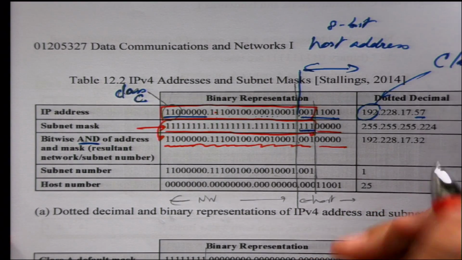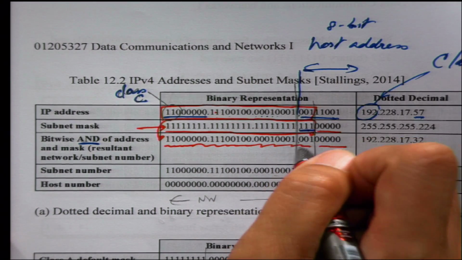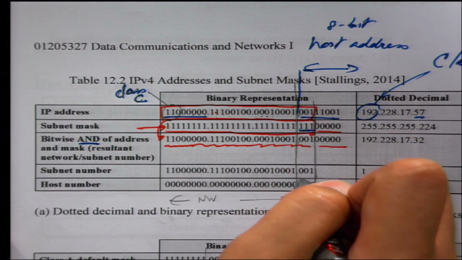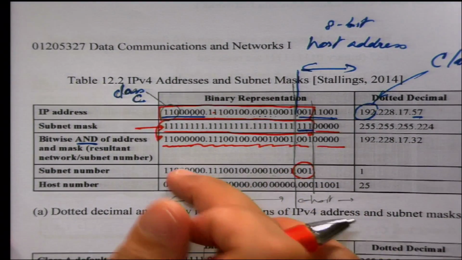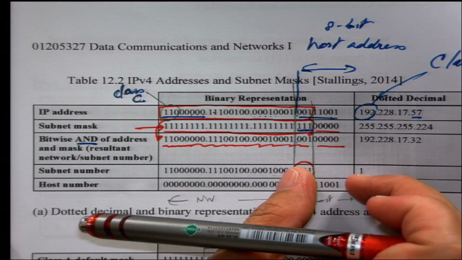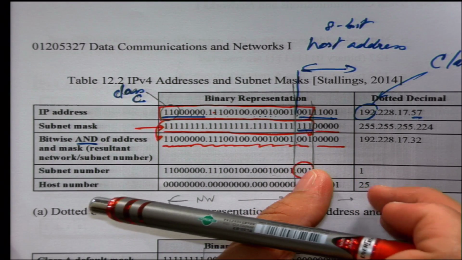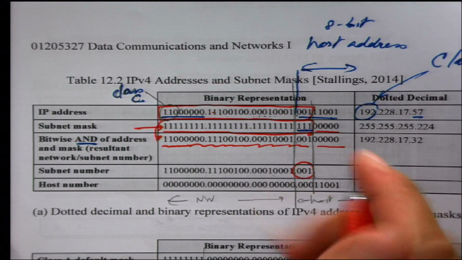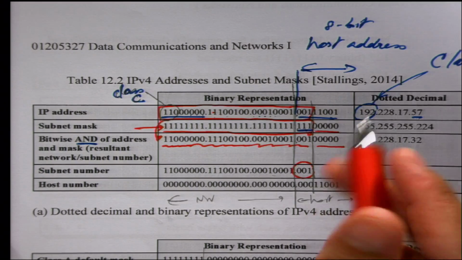So you see that the mask of 3 bits tells you the subnet number. The subnet number here is 1, because the first 3 sets of binaries are the network identifier, and the host is the last 8 bits. In the last 8 bits, the first 3 bits here are the subnet number, and the last 5 bits here are the host identifier.